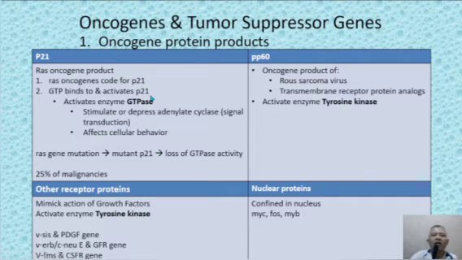Next is PP60, which is an oncogene product of Rous sarcoma virus, and it activates the enzyme tyrosine kinase. Other examples also activate tyrosine kinase. We also have nuclear proteins.